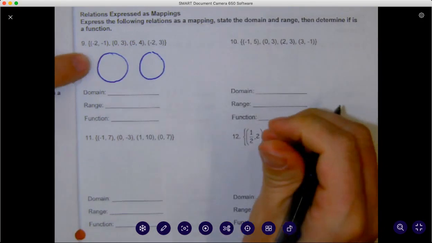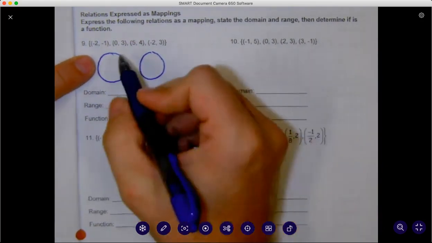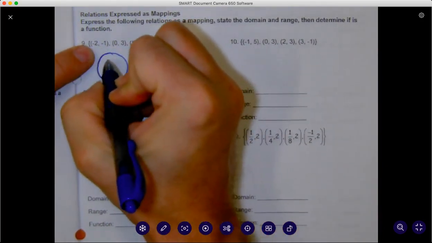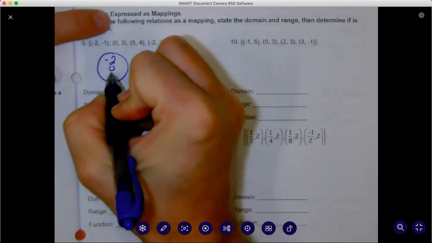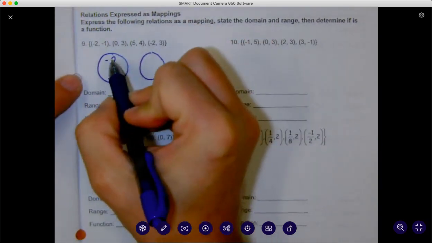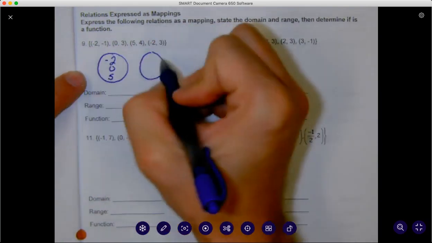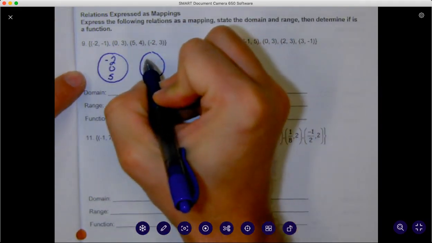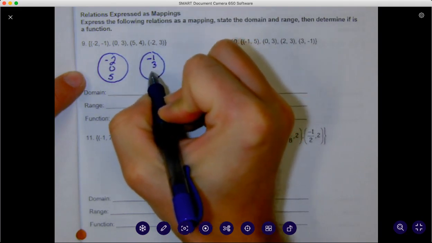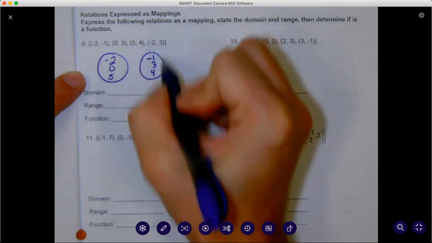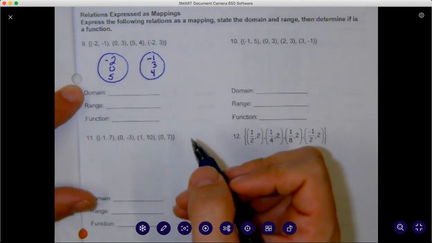And then I'm going to put the inputs inside the circle. So that's the guys. So -2, 0, 5. And I already have -2, so I don't have to write it again. And then the outputs are the girls. So the y values are the girls. -1, 3, 4. Now I already have 3, so I don't have to write it again.